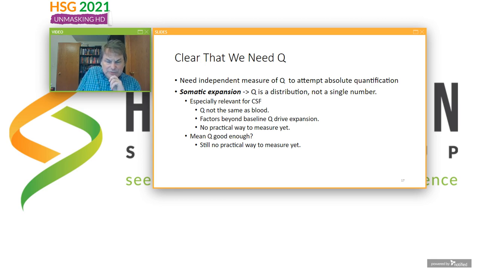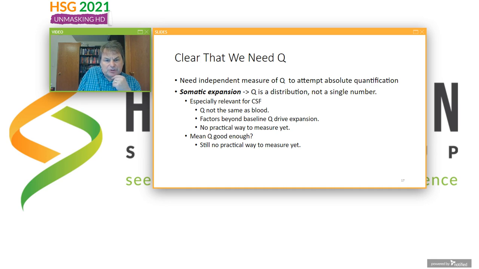So to get absolute quantification, or a good approximation of absolute quantification, it's clear that we do need to know these polyglutamine lengths, these Q lengths. And that immediately brings us to another challenge when we think about mutant huntingtin coming from the brain in the CSF.